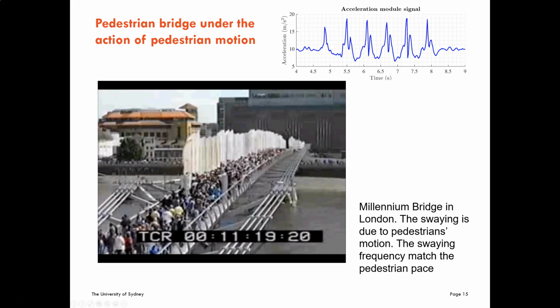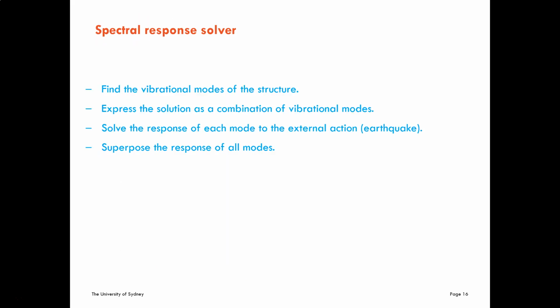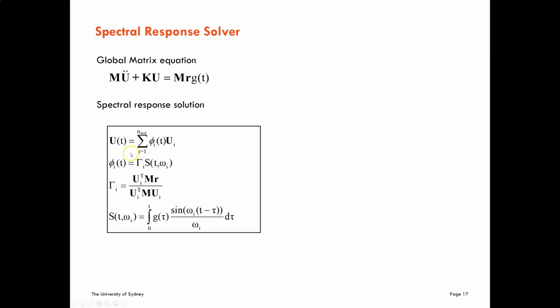So now we go to the last part of the spectral response solver, that is the superposition of the response of all modes to get the total response. This is the equation that we are trying to solve. The spectral solution is given by this one. This is a linear combination over all the vibrational modes, given by the mass participation times the spectral response.